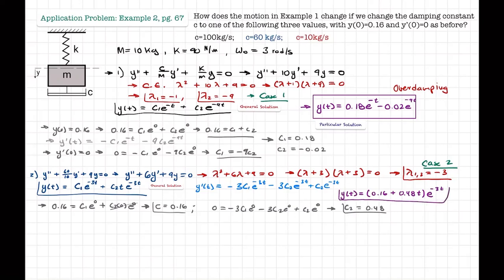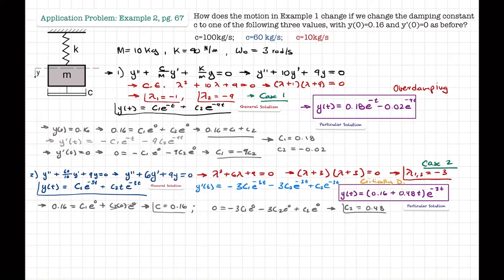And this is a particular solution for this problem. So now we have the last one, and we know that this one, because it was a case 2, will be critically damped.